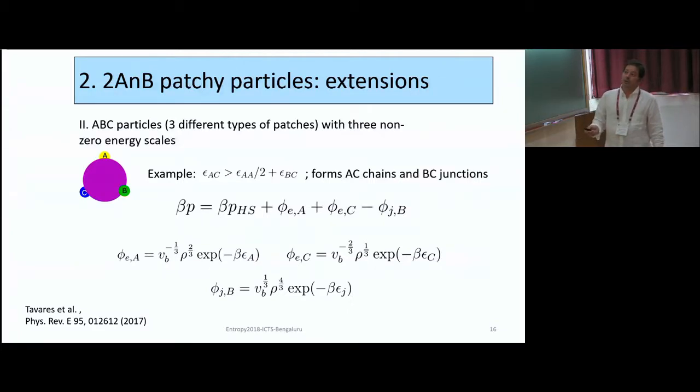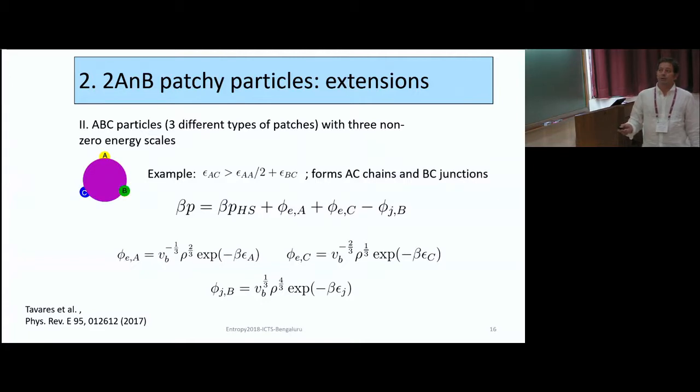So here is an example. Suppose that you just select to make AC, AA, and BC bonds. If these energetic parameters follow this relation, then your ground state is AC chains, formed by continuous connections of AC bonds, and you have BC junctions. You pick up Wertheim's theory, and you expand the pressure, and you get a similar expression as before.